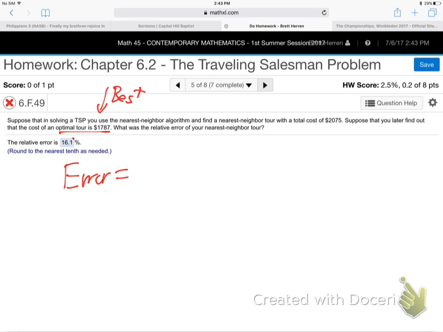Error equals your, let me write it like I did. Well, it's your value. Here, let me write it clean for you. There we go. So, yeah, your time minus optimal over optimal.